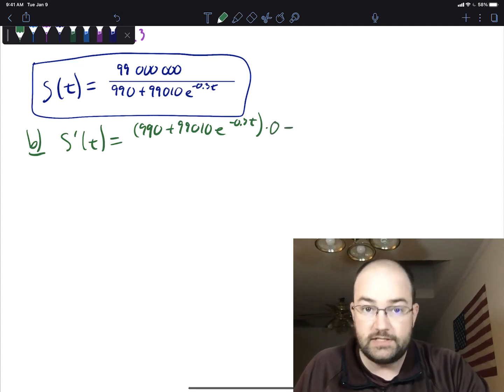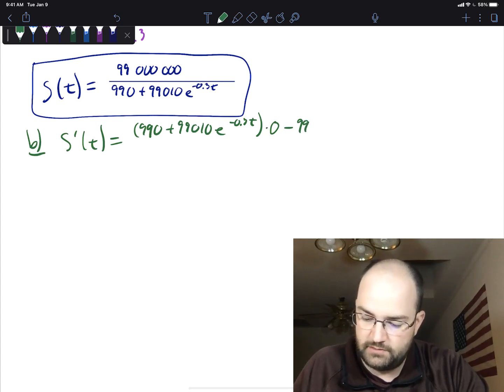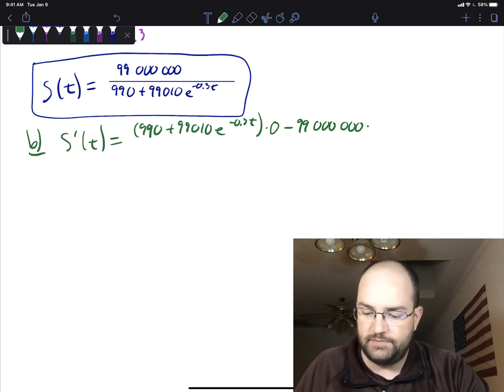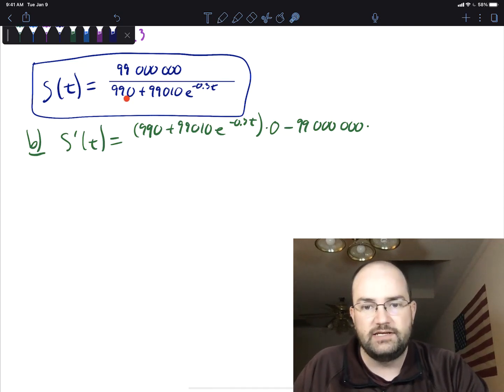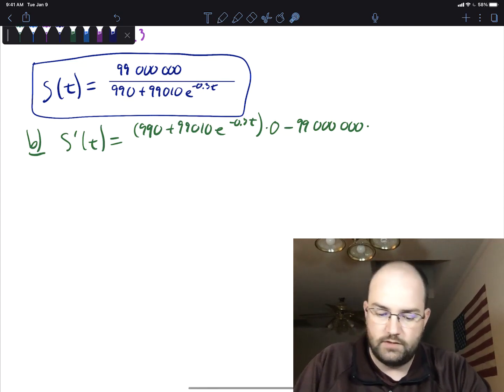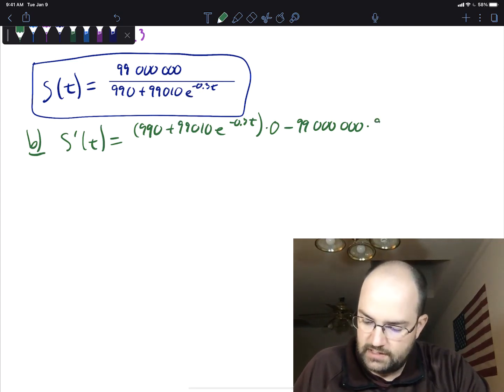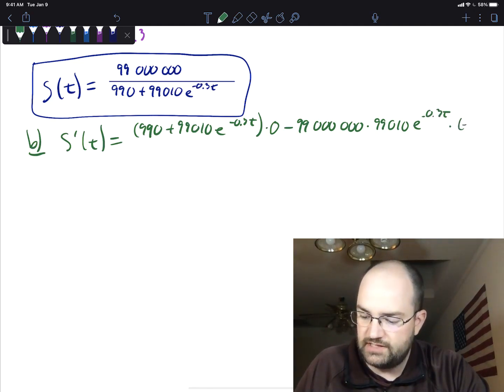And then minus the numerator of 99 million times the derivative of the denominator. Now, the derivative of 990 is 0, and then we have this left over. So times 99,010 e to the negative 0.3t times the derivative of the exponent, which is negative 0.3.